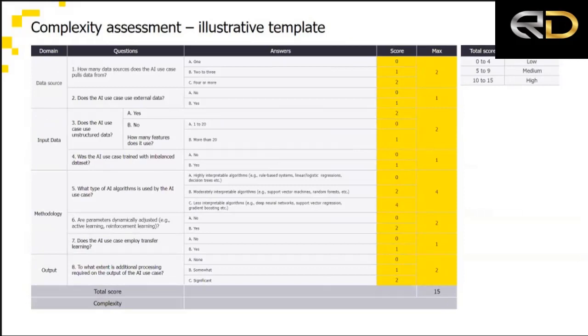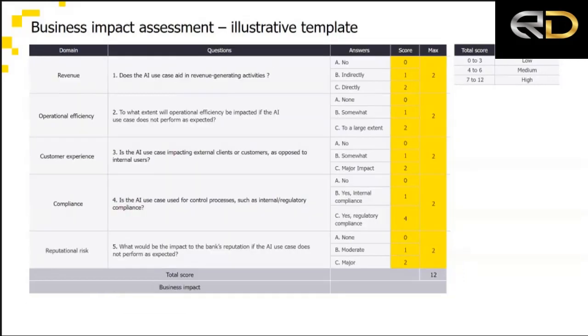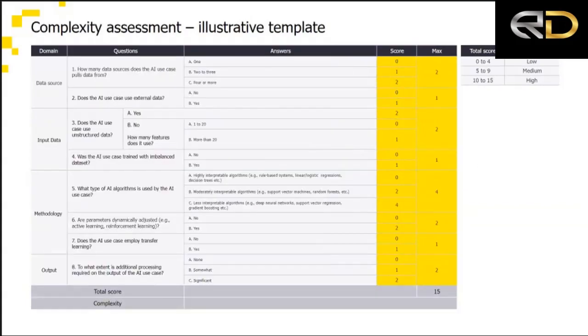Then you combine the complexity assessment and the impact assessment so that you can see the velocity of the risk. This also ties you back to the legal requirements. If you check the legal requirements in your jurisdiction, there are specific requirements, as I'm going to show you in the third slide, depending on whether your AI model is high complex, low complex, or medium complex.